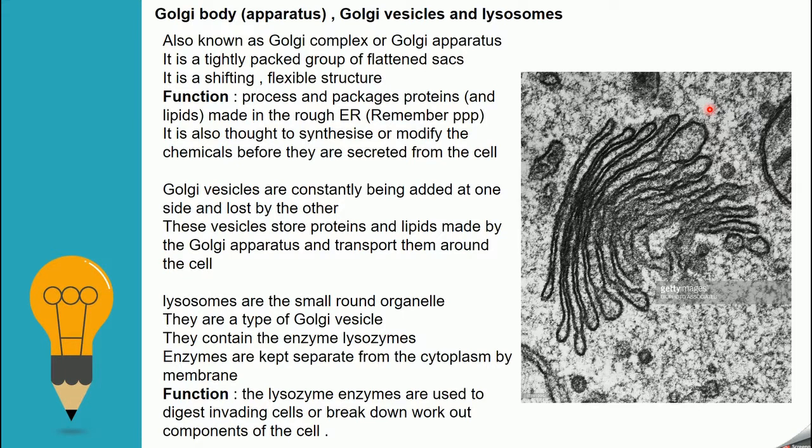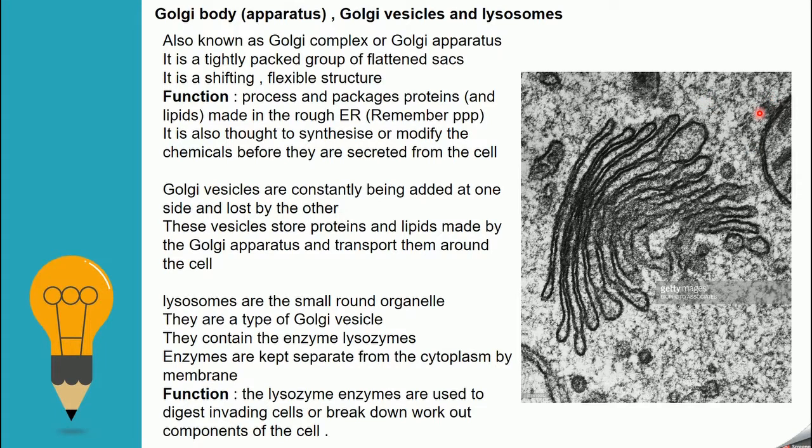And these vesicles store proteins and lipids made by the Golgi apparatus and transport them around the cell. So they're pretty much like a truck delivering food items. So the Golgi apparatus is a base, and then you've got a truck just delivering food to each and every store.